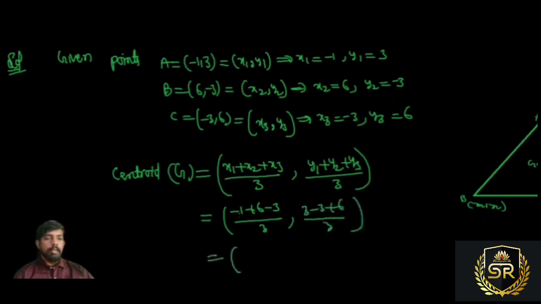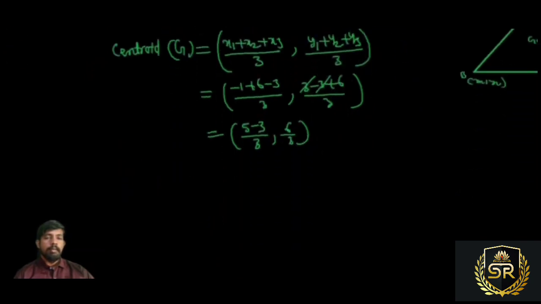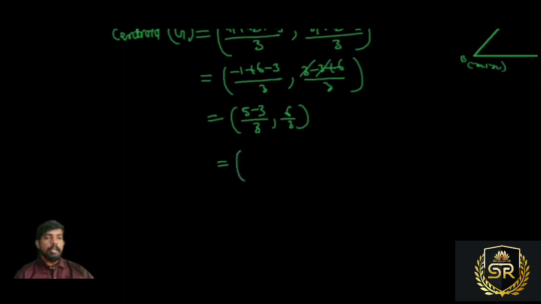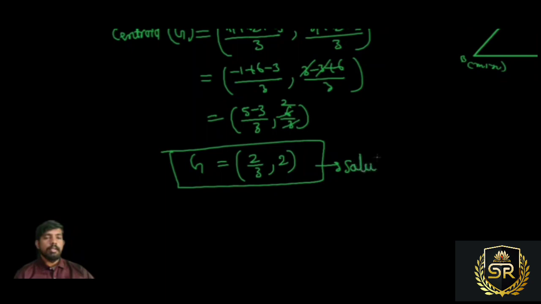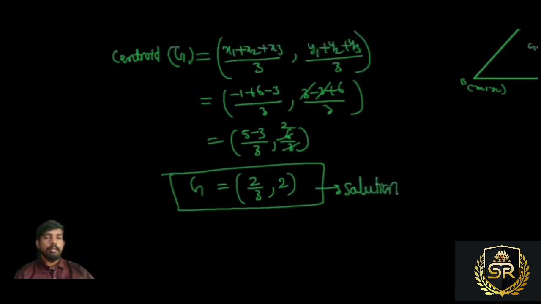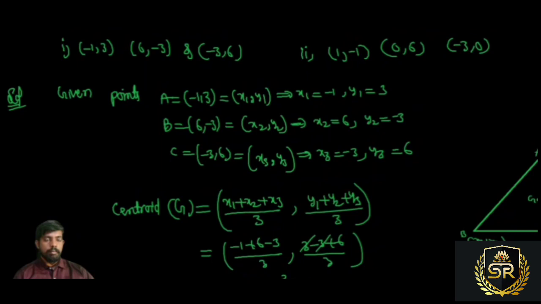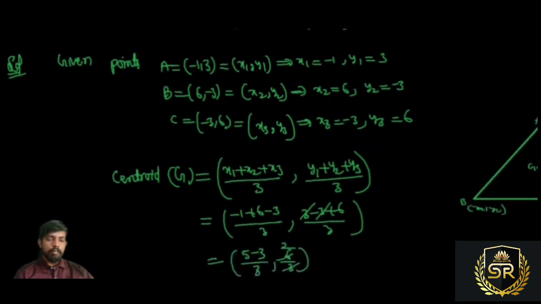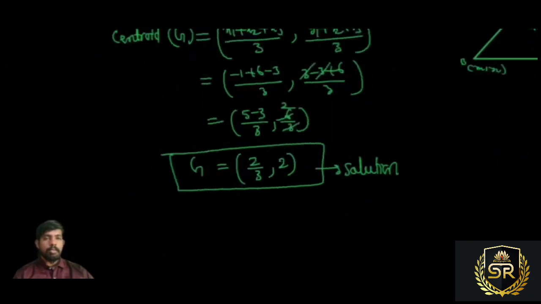Minus 1 plus 6 is 5, 5 minus 3 by 3, and 3 minus 3 cancel, 6 by 3. Now we can write it as 5 minus 3 is 2 by 3, and 6 by 3 is 2. So 2 by 3 comma 2 is the centroid. That's all, this is the solution.